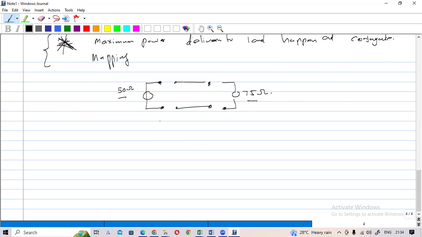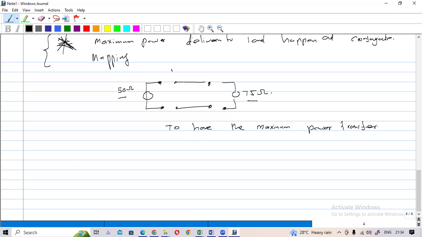So to have the maximum power transfer, what do we need to do?